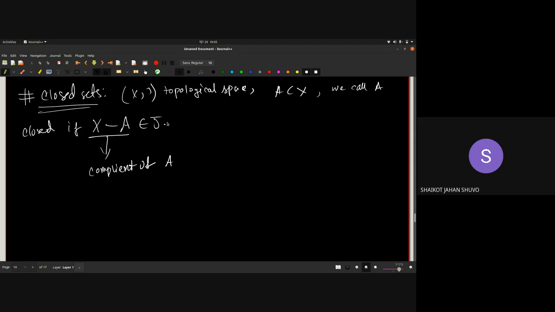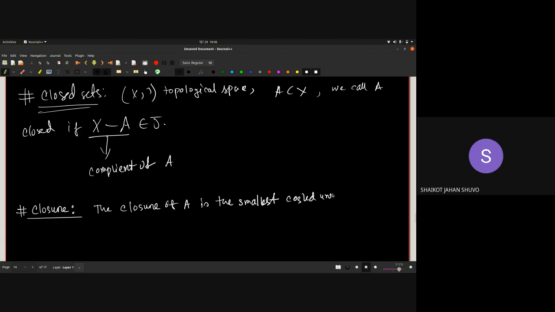With that, we can also define something called a closure of a set. So let me just call it closure over here. The closure of a set A, that is some set, is the smallest closed unit, I'm calling it a unit.